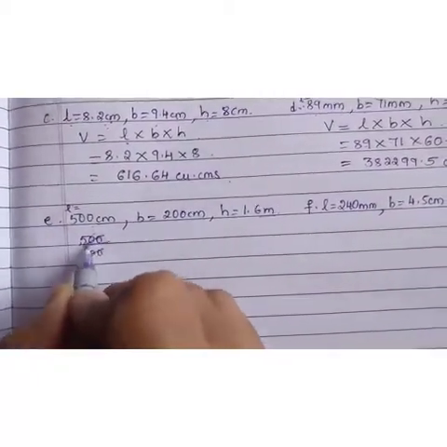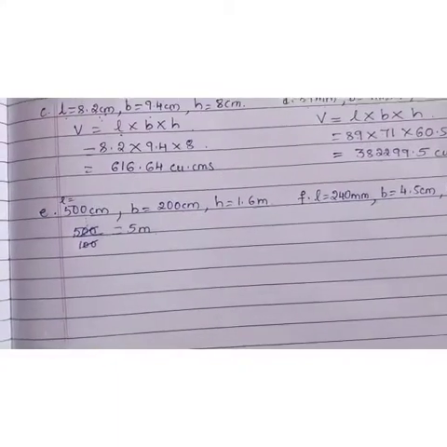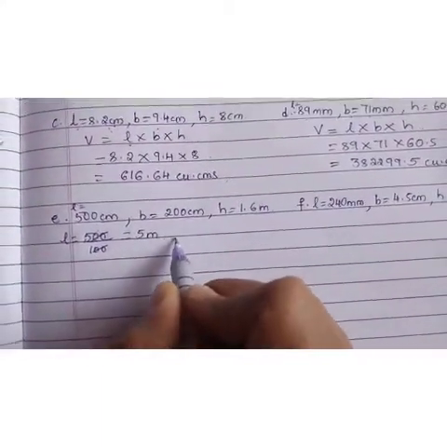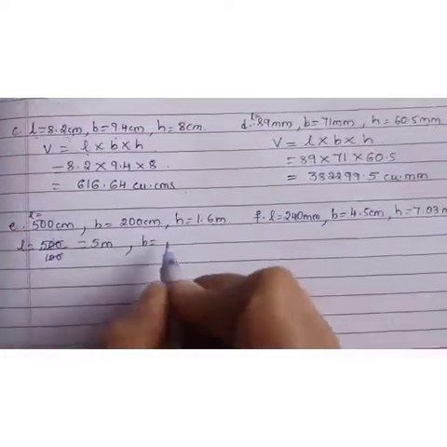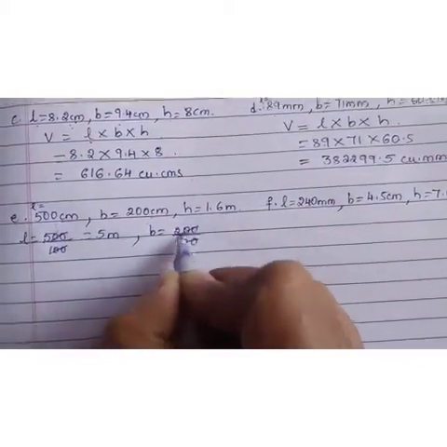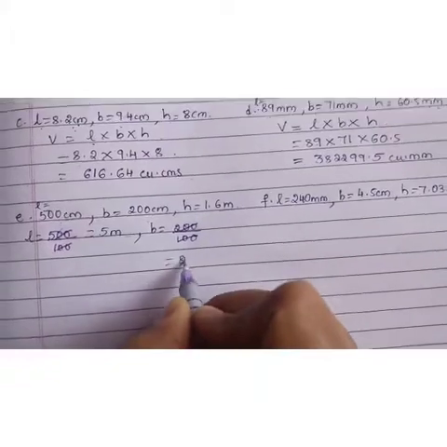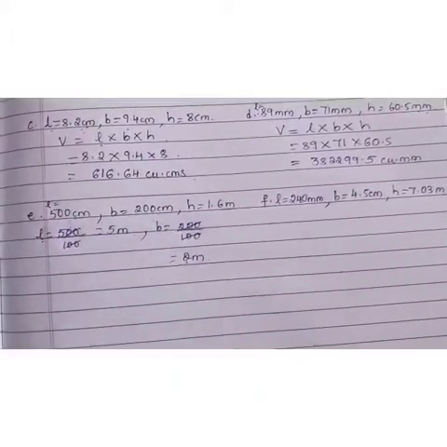So 2 zeros gets cancelled and it becomes 5 meters. So length will be 5 meters. Similarly, when we take breadth, 200 centimeters, again when you divide it by 100, you get the answer in meters. 2 zeros gets cancelled and you get 2 meters. So we got length and breadth also in form of meters.